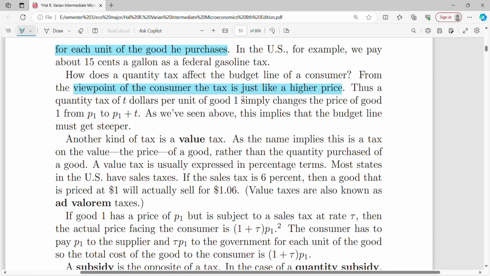Thus, a quantity tax of $T per unit of good one simply changes the price of good one from P1 to P1 plus T. As we studied in the graph before, when a change in prices happens, here also the line becomes steeper because the price increased from P1 to P1 plus T.